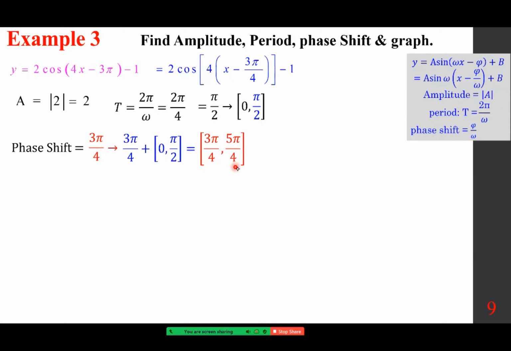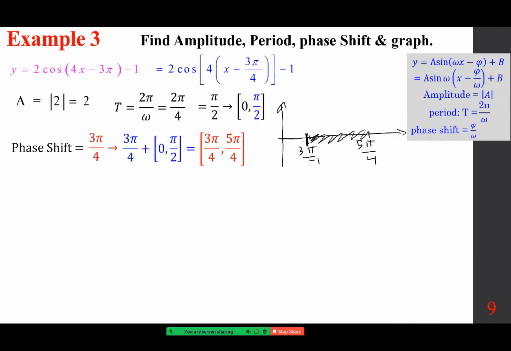Okay. So in other words, this is where we are going to have a complete cycle.